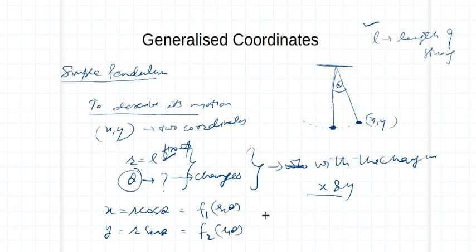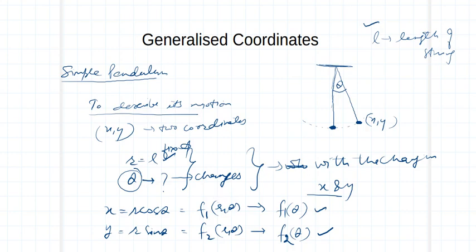But this r is the length of the string which is attached to the point mass, and this is fixed. If it is fixed, that means this r will not change. This is constant. It means I can say that x is a function of theta and y is also a function of theta, because only theta is changing.